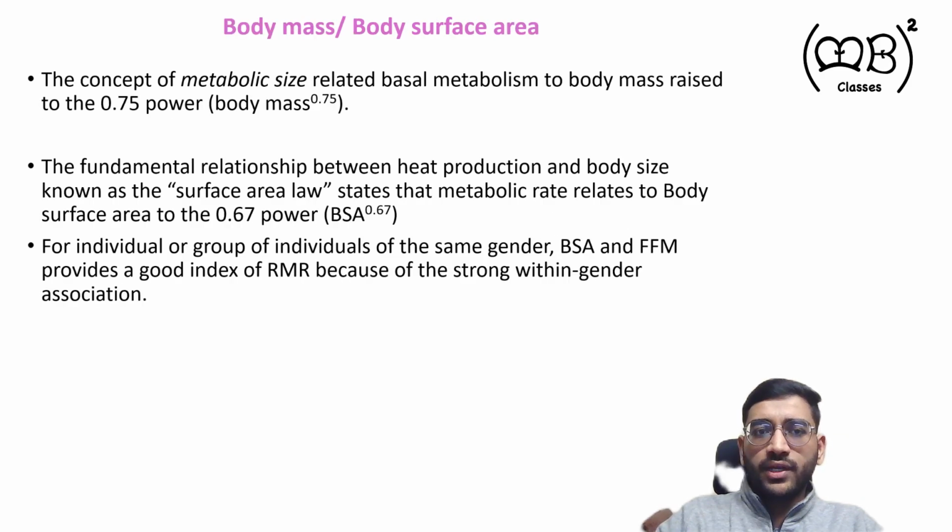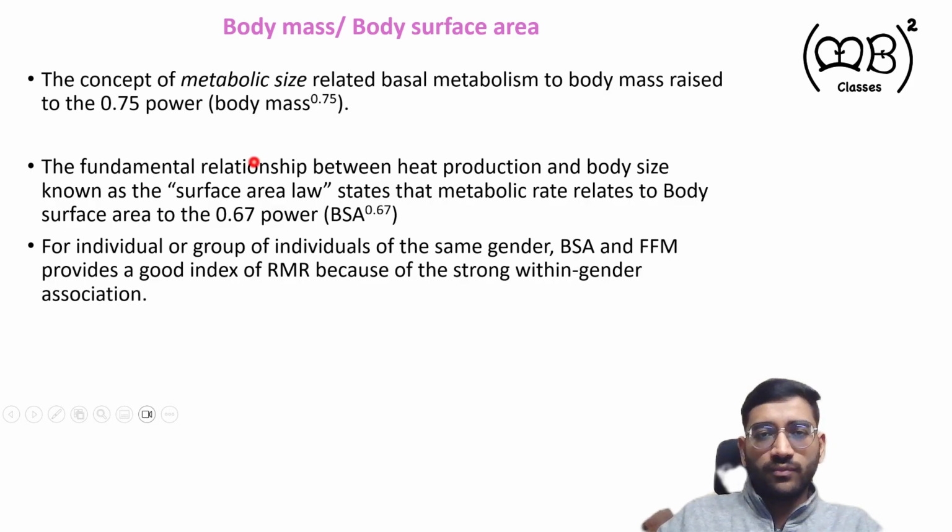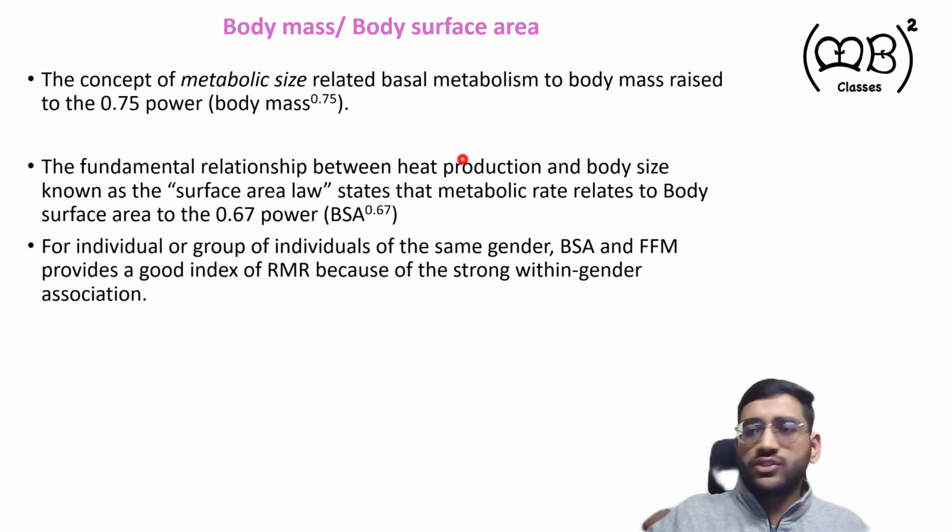If you want to compare different groups of individuals of different age and genders, we can compare with respect to their body surface area. The concept of metabolic size comes into picture, where it relates the basal metabolism to body mass, and also the surface area law, which states that the energy expenditure which we are utilizing is eventually going into heat.